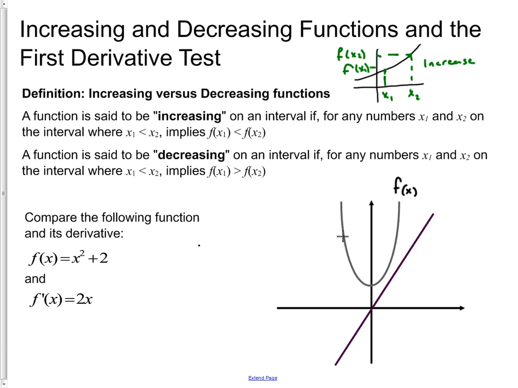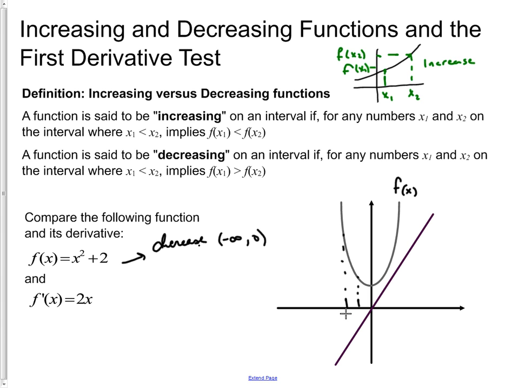And it looks as though we could say that this function is going to be decreasing along an interval that looks like it might go from negative infinity all the way up to 0.